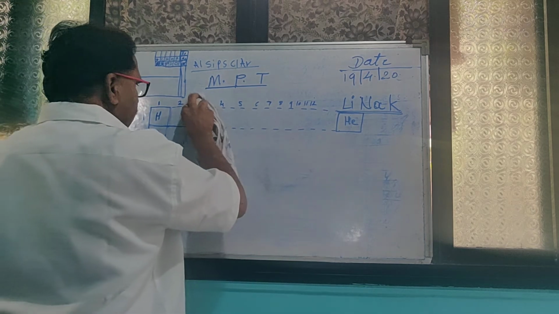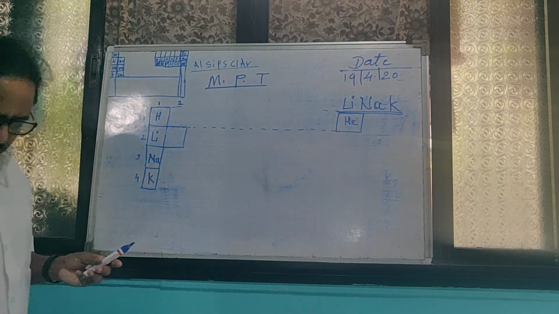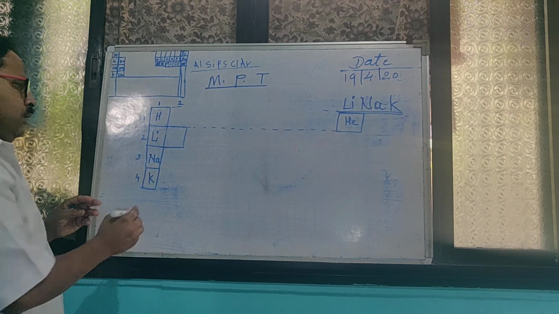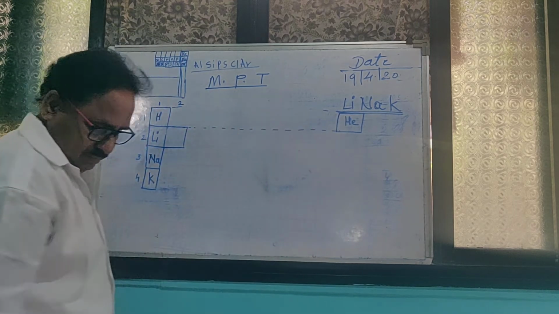That means we need not show the groups from 3 to 12.